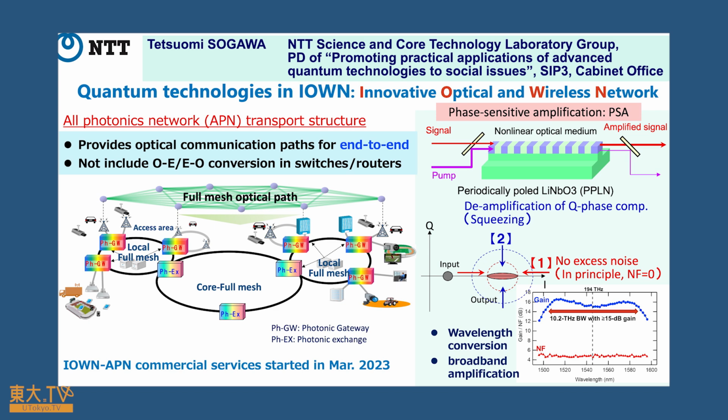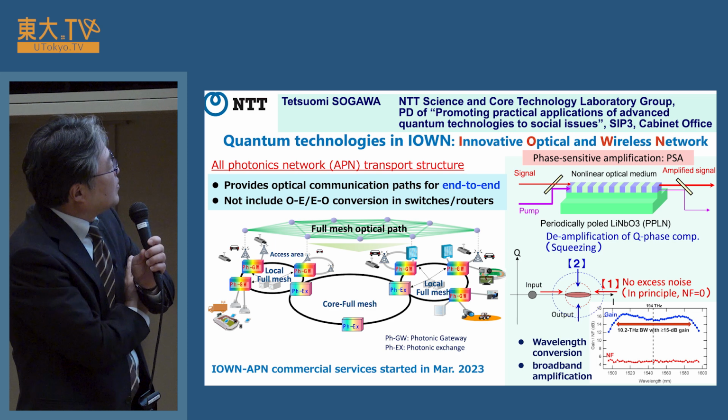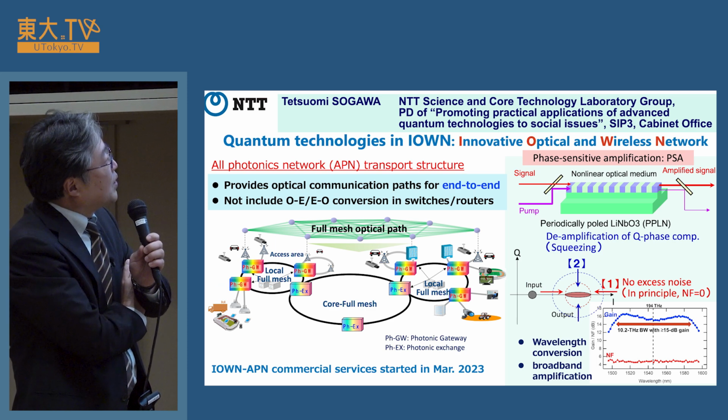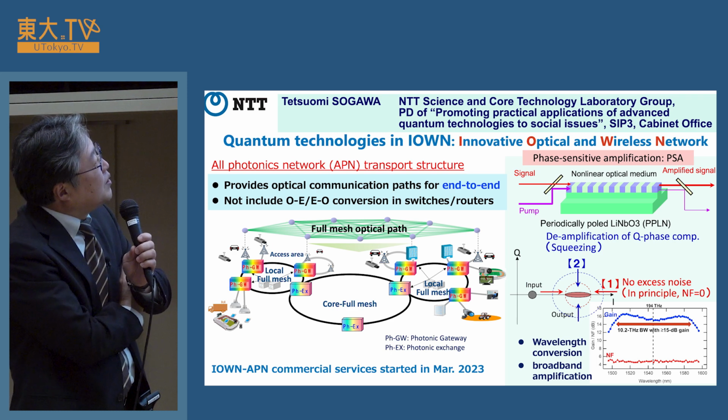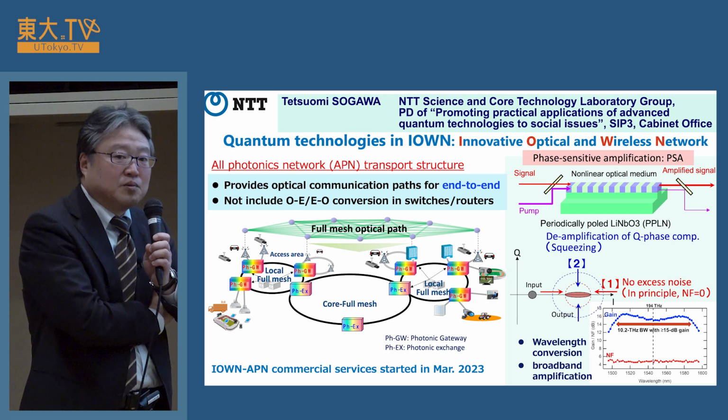We call it APN. APN provides end-to-end optical communication path without using OE and EO conversion in switches and routers. Therefore, APN drastically reduces latency and energy consumption. We have already started commercial service this year. I hope you understand this APN is very important to the future quantum network and quantum internet.